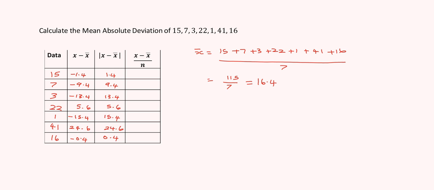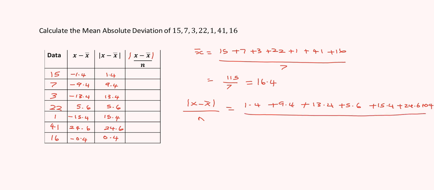So this is going to be the absolute value right here. So the absolute value of x minus its mean, divided by n. So we have 1.4 plus 9.4 plus 13.4 plus 5.6 plus 15.4 plus 24.6 plus 0.4, and then we divide that by 7.